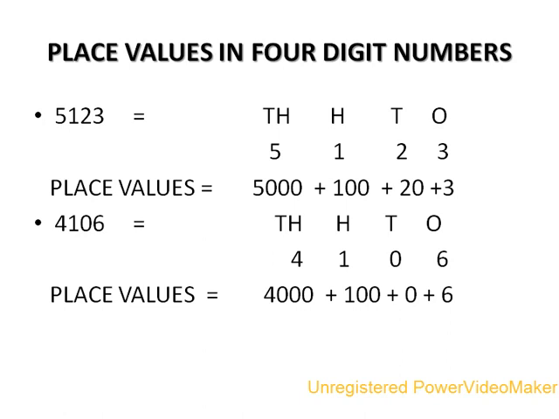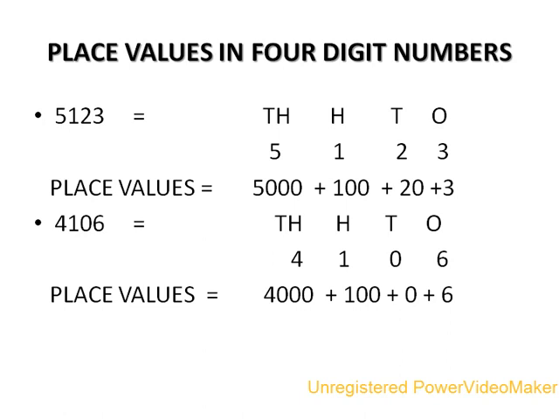So the place values are 5000, 100, 20 and 3. So the place value of 5 is 5000, 1 is 100, 2 is 20 and 3 is 3. And when you add all this, it will become 5123.